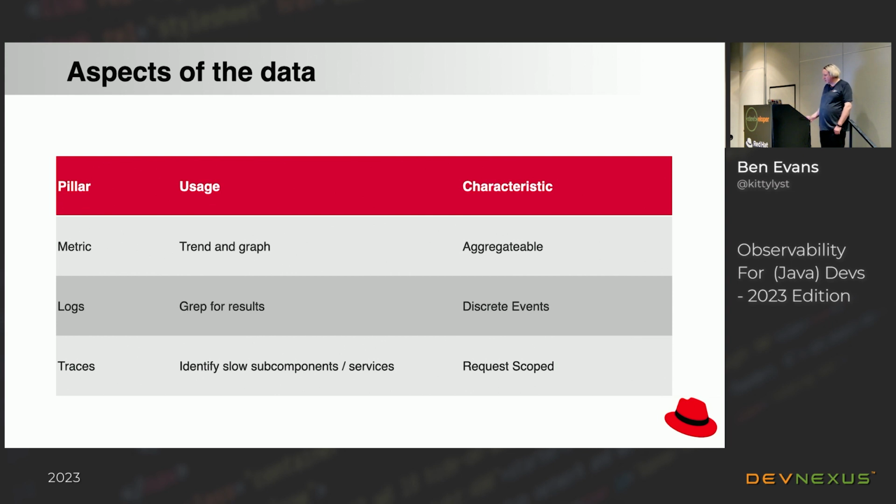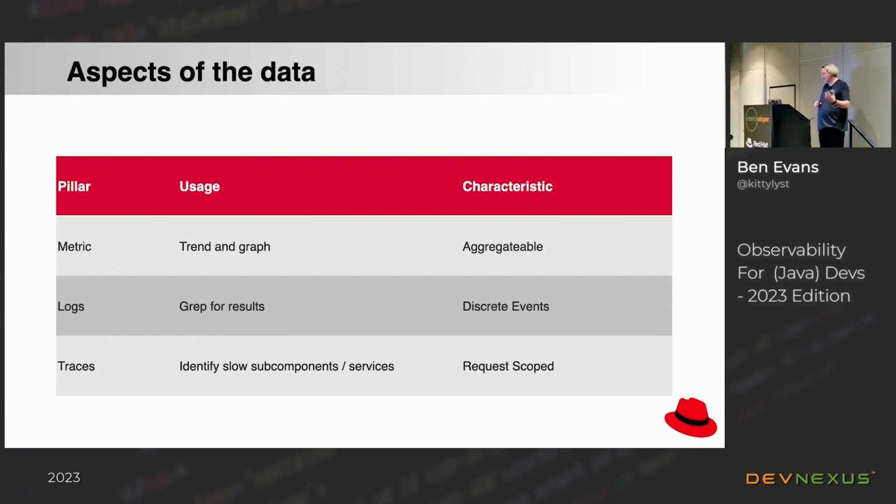So what are these properties if I wanted to go up to an even higher level and say what are the things that differentiate these data sources? Well, metrics, you can time them and you can graph them, you can produce trend lines, and they can be aggregated. Logs, you can grep for results, right? That's the great thing. You can just get onto a logging box and it's just a stream of lines which you can do regexps and all sorts of other analysis on to find what you're looking for.